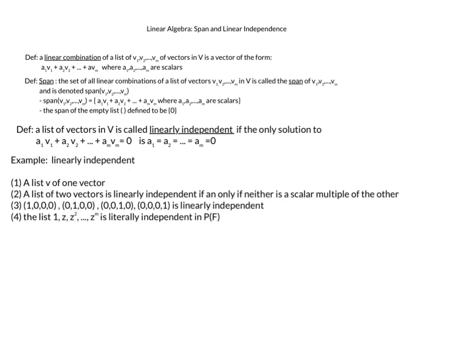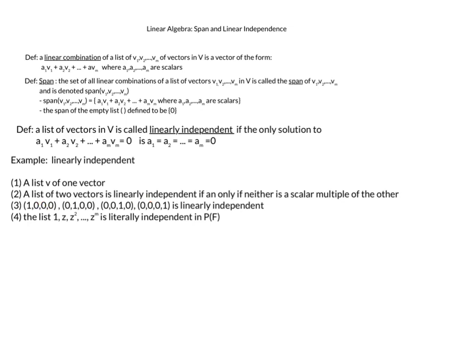So, some examples of linearly independent sets. A list of one vector is linearly independent. So one vector by itself is linearly independent. A list of two vectors is linearly independent if and only if neither is a scalar multiple of the other. So you can't make one from the other unless it's a scalar multiple. The canonical bases: when you're in R4, you have the ones in the 1 position, 2 position, 3 position, 4 position, and in R3 it's the same idea.